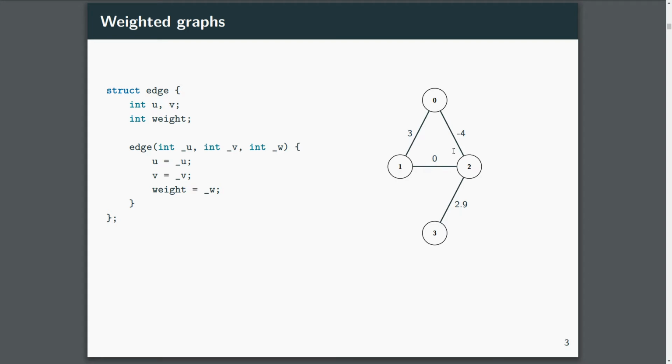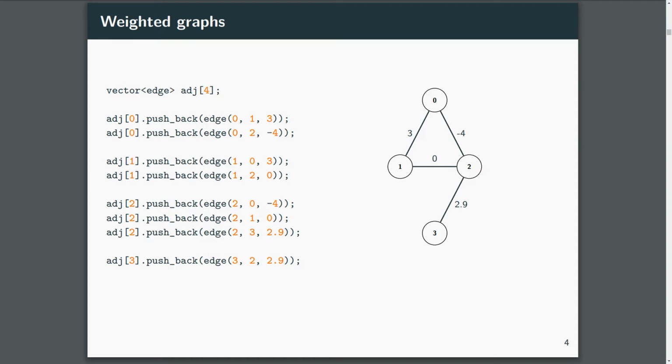The weights can be 0, they can be negative, they can be decimal numbers, they don't have to be integers. So then here we just push back a couple of these edges, representing all the edges in our graph, using our class which we defined.